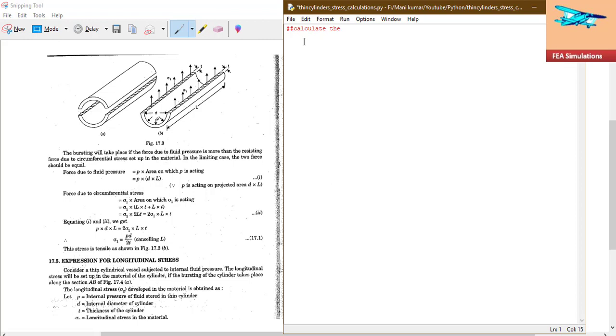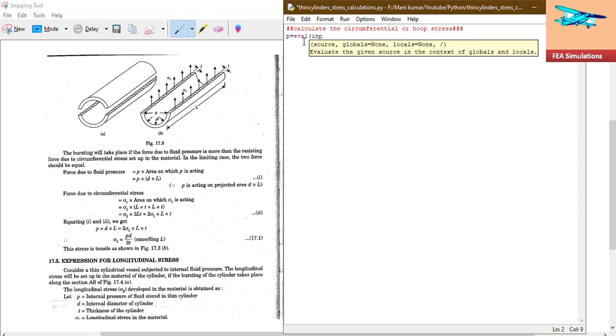Calculate the circumferential or hoop stress. Pressure inside the cylinder. P is the pressure inside the cylinder.